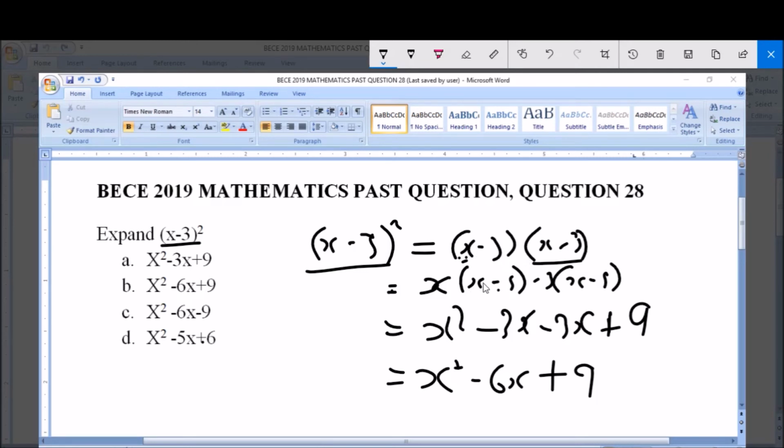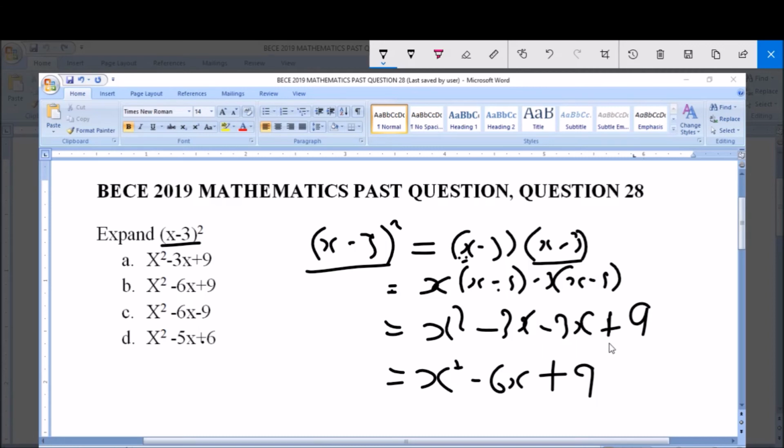So we pick x and multiply x by this, and then we pick minus 3 and multiply minus 3 by this. And so we have x times x to give us x square, x times minus 3 to give us minus 3x, and then minus 3 times x to give us minus 3x, and minus 3 times minus 3 to give us plus 9, because negative times negative will give us a positive.